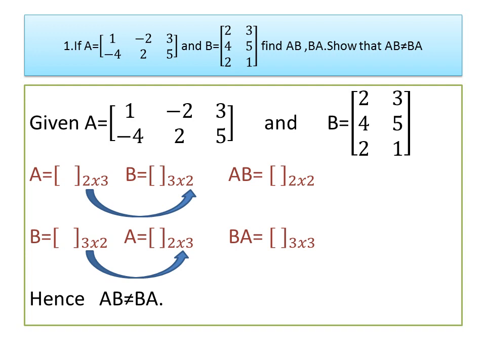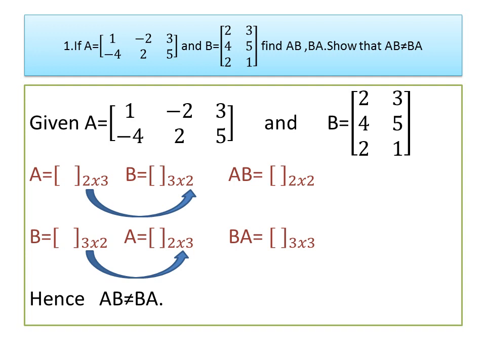Before finding AB and BA, we'll show that AB is not equal to BA. Here you can observe that matrix A has 2 rows and 3 columns. Therefore, order of matrix A is 2 by 3. And matrix B has 3 rows and 2 columns. Therefore, order of matrix B is 3 by 2.